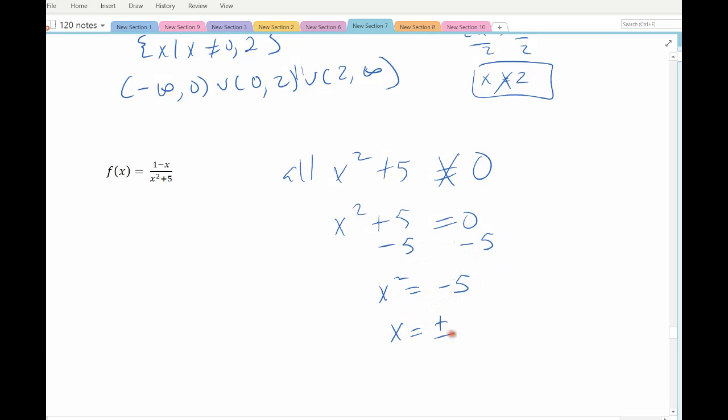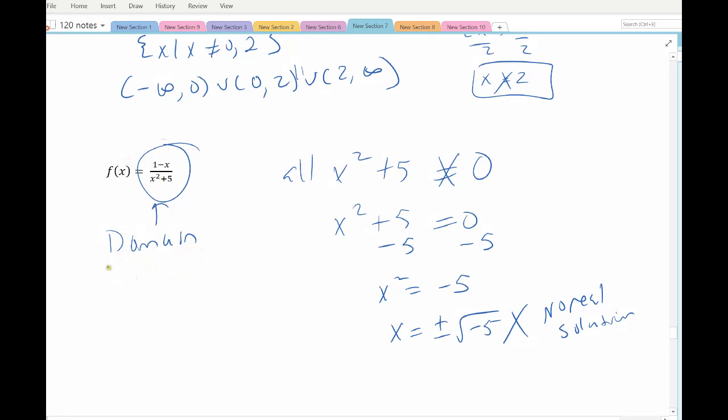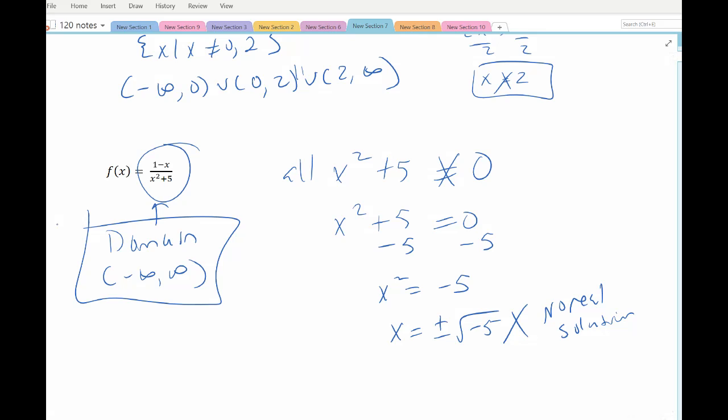If I try to take the square root of that, it's an imaginary number, and we don't want imaginary numbers. There's no real solution. It should make sense: there's no real number that I can plug into a square term to make it negative. So if you graph this, its domain is everything. I can plug every real number into it. It's all reals, or in interval notation negative infinity to positive infinity. There's not a single problem when I plug stuff in.